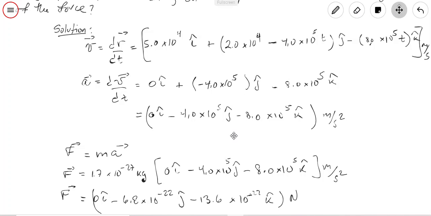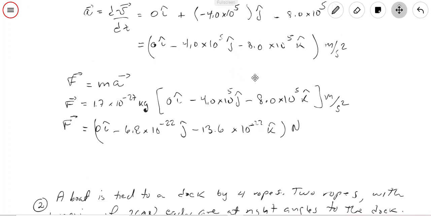Now they ask you to find the magnitude of the force. If we find the magnitude of a vector, you know that the magnitude of this vector F would be the square root of Fx squared plus Fy squared plus Fz squared.